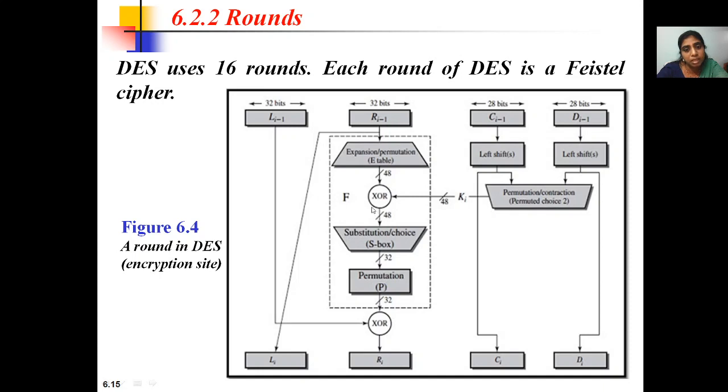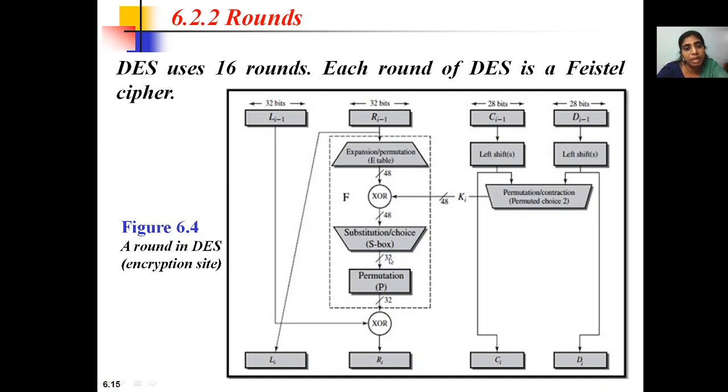Here in the XOR we combine the key with the output from the expansion permutation step. Once you do the XOR, we give that output to the S boxes. We have 48 bits as the input and achieve 32 bits from the S boxes.